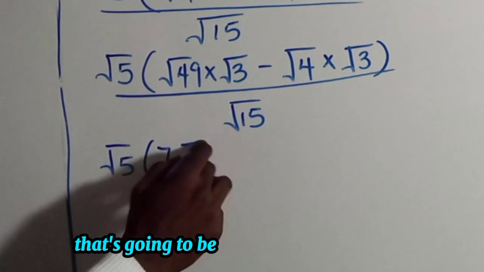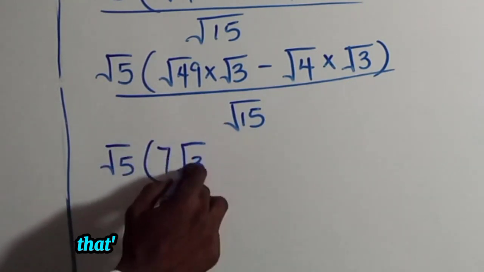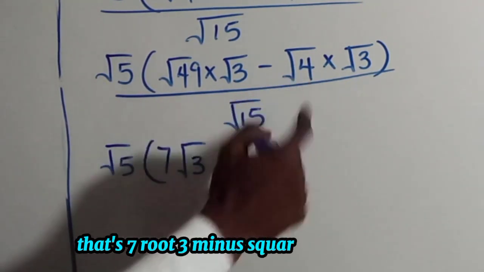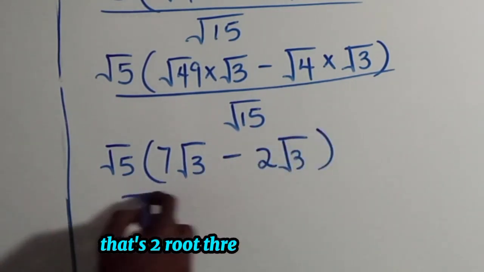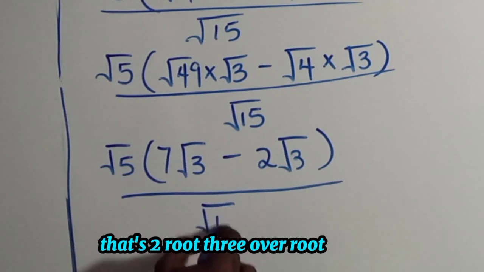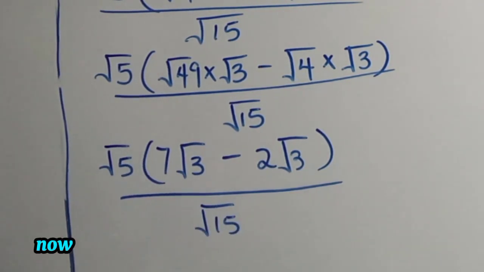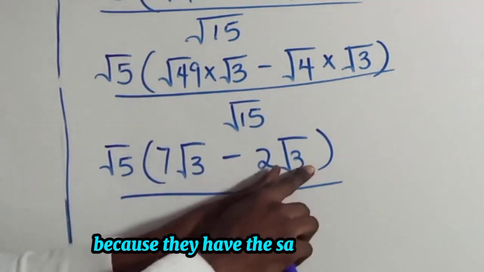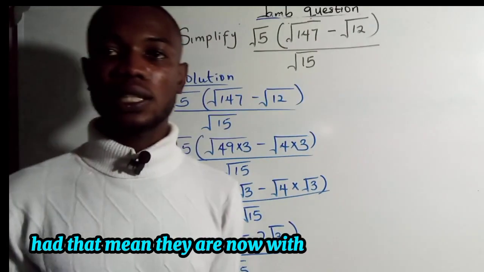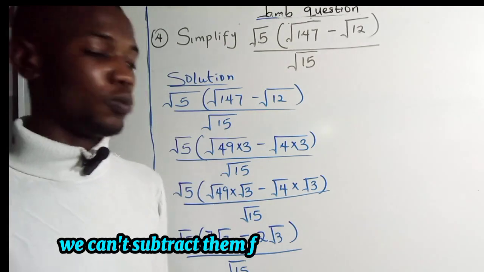That's going to be 7 multiplied by root 3. That's 7 root 3 minus square root of 4, that's 2 root 3, over root 15. Now I can subtract these two from one another because they have the same surd. Had they not been with the same surd, we can't subtract them from one another.